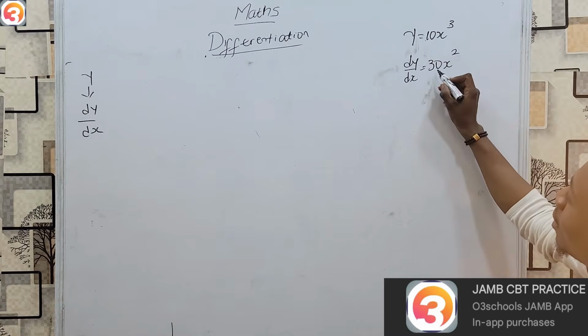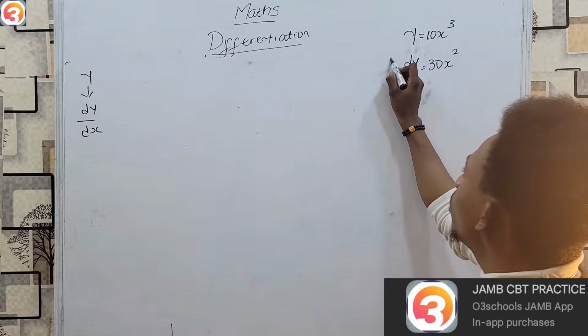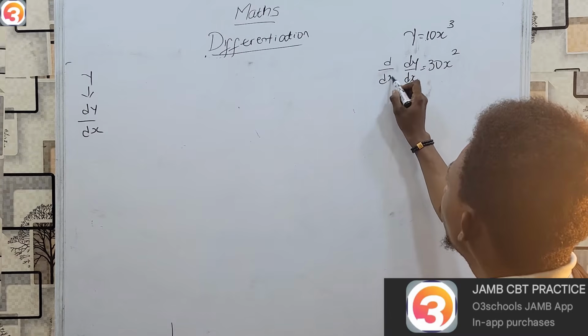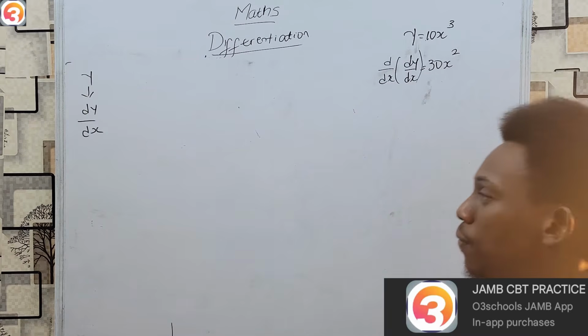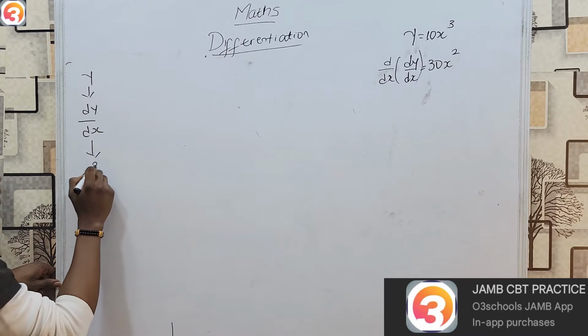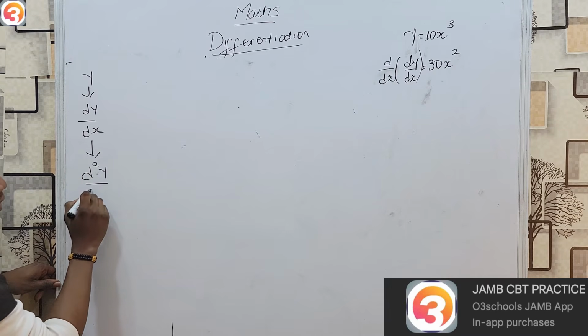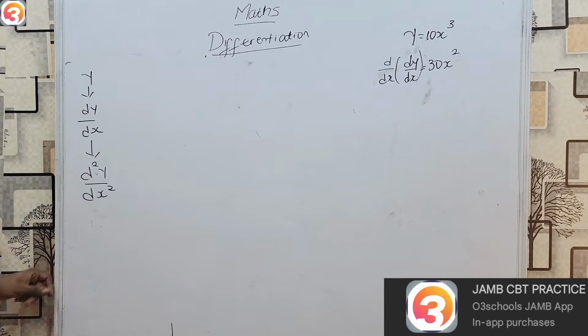What if somebody wants to find the derivative of this 30x squared? That means he wants to differentiate what we've already differentiated before. Well, in that case, it is symbolized as d squared y dx squared.